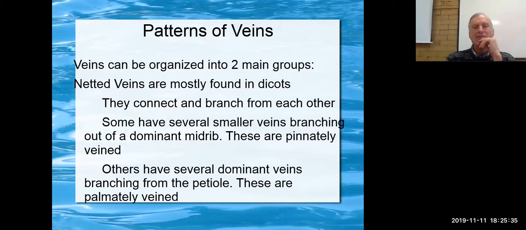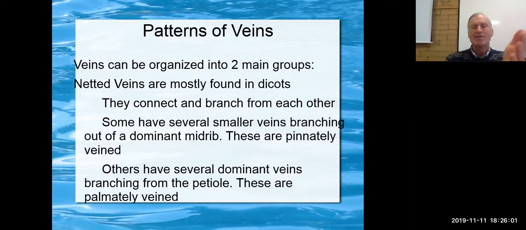And netted veins are the other main type of vein. They're found in dicots. They connect with each other. They branch out from each other. When there are several smaller veins branching out from the dominant midrib, those are pinnately veined. So it's like the pinnate compound leaf.